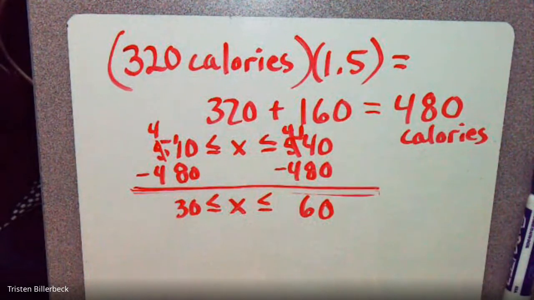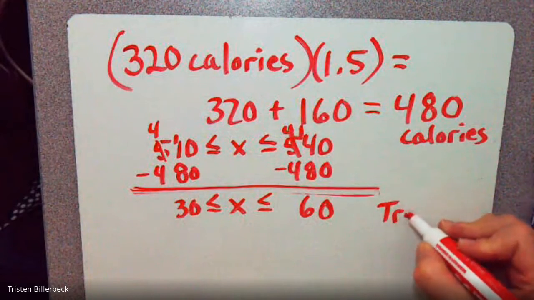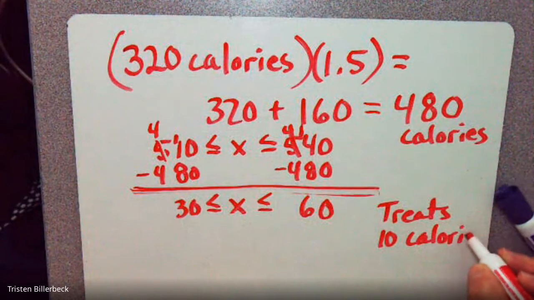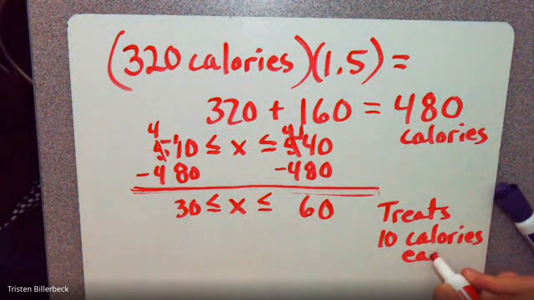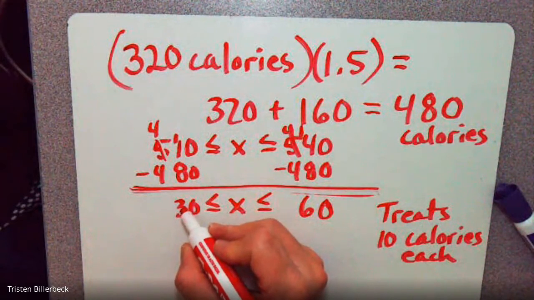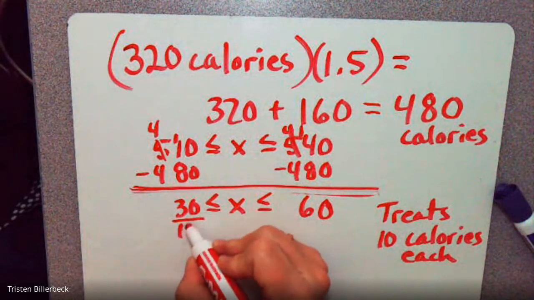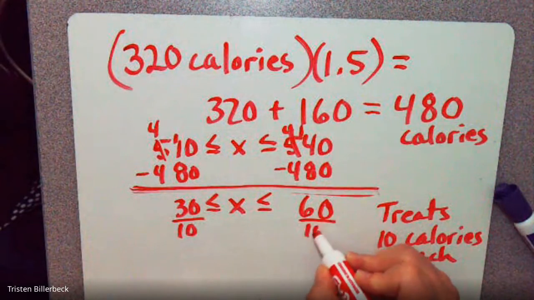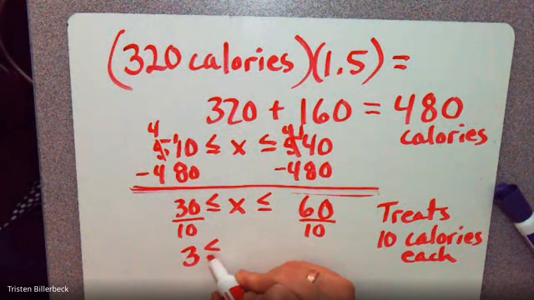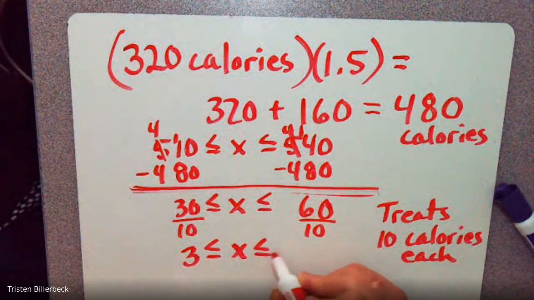Okay, so then we know that the treats are 10 calories each. So that means that we divide, so it's 30 calories left, divided by 10 calories each on both sides. So that means the number of dog treats that we can have is between 3 dog treats and 6 dog treats.